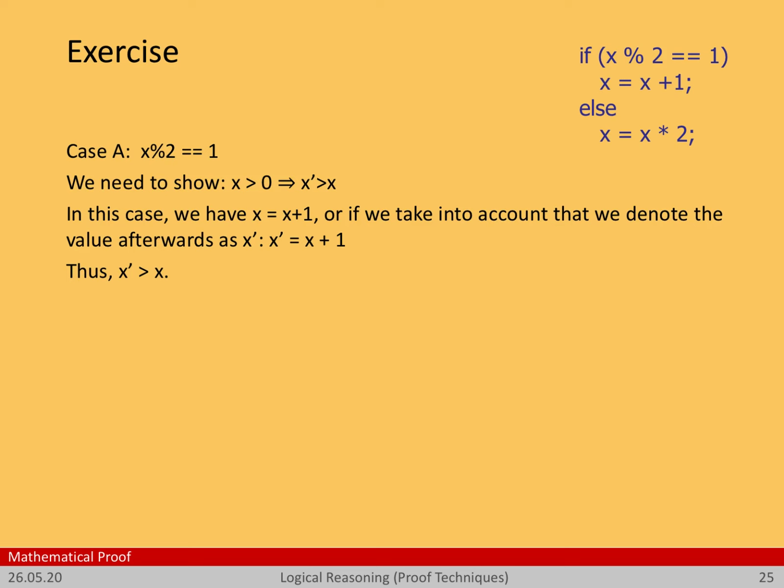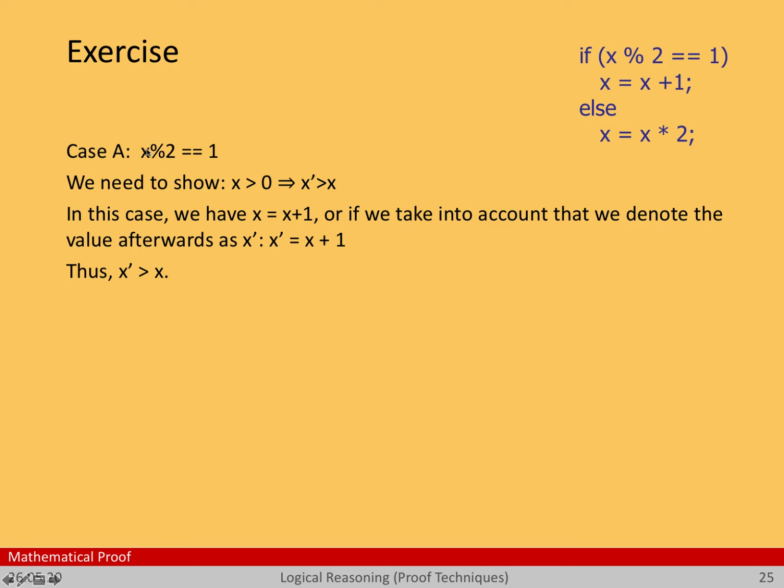Okay, welcome back. As a piece of reference in the upper right corner, you have the program. Now, let's say we do as first case, case A, x modulo 2 equals 1. So we need to show that x larger than 0 implies x prime larger than x, meaning the value of x after execution is larger than the value of x prior to execution.